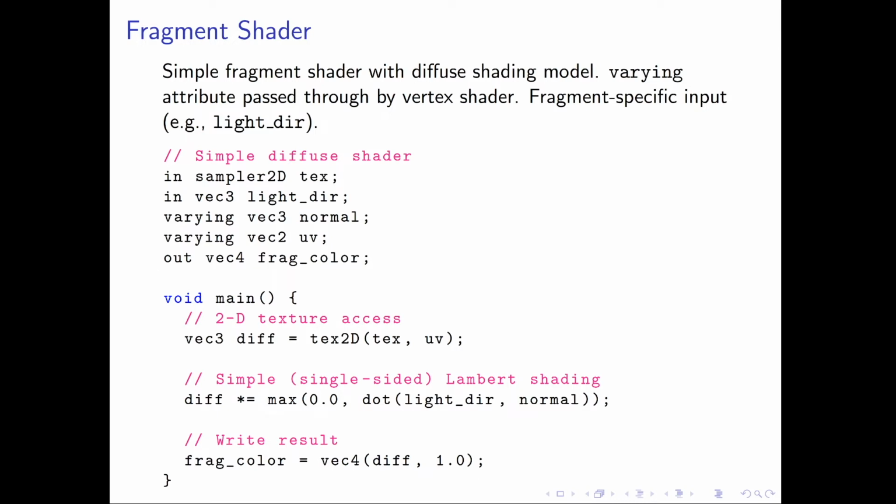But this is the concept of a fragment shader, that we assign the fragment color based on some more or less complicated computation. And what the computation is actually is pretty much up to us, like how we compute the actual color and what the attributes are that are important for the computation.